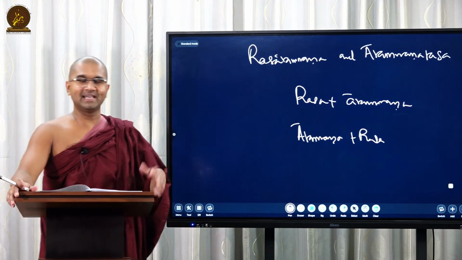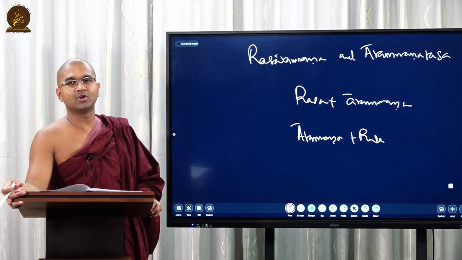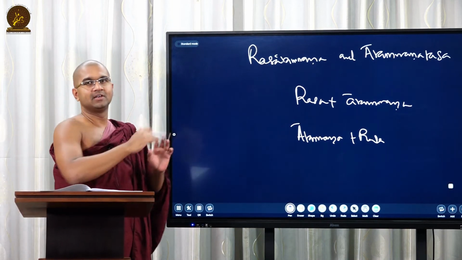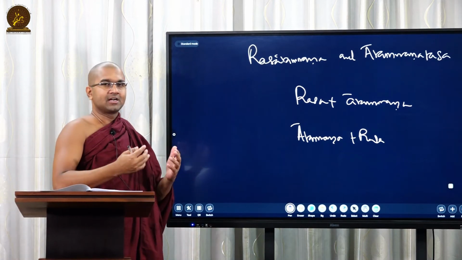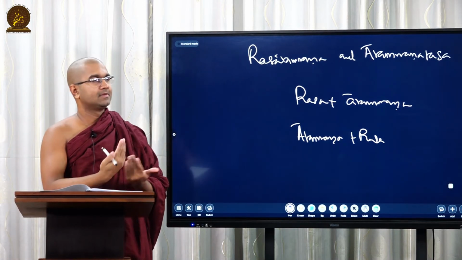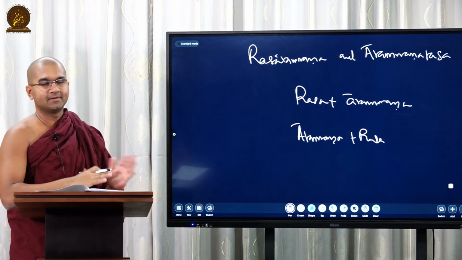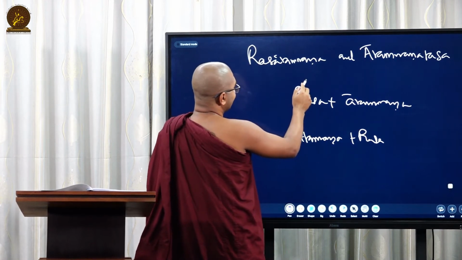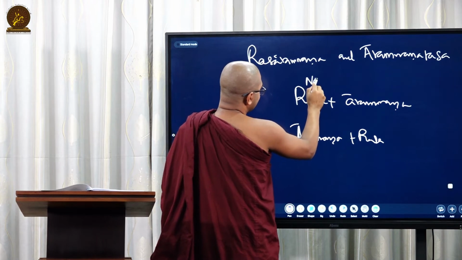Normally it should be the same, but if we combine the terms in the nominative case in Pali, the meaning should be changed. Either you switch the positions, like we call it, what kind of samasa? Up and down, right? Sometimes the first word comes at the end. Now here, the terminology should be Raso eva Arammana. So these are connected, nominative.